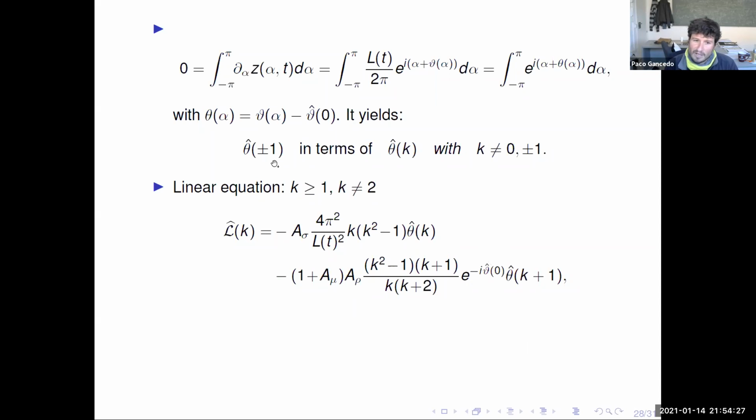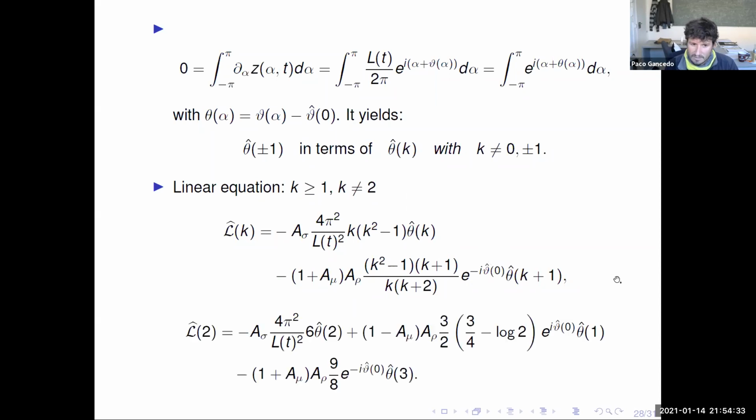But it is okay because 1 and -1 are going to be in terms of the others, and the others decay, okay, at the linear level. There is something curious here, that the second coefficient is different because of a special integral we get.